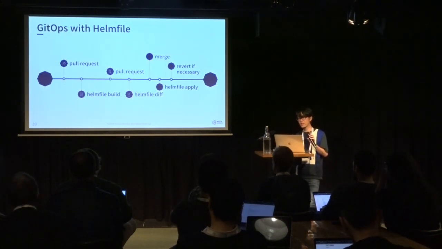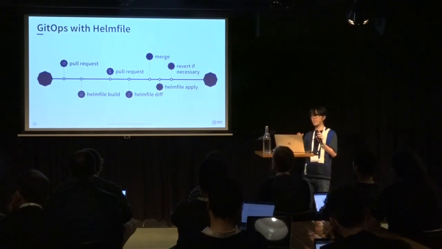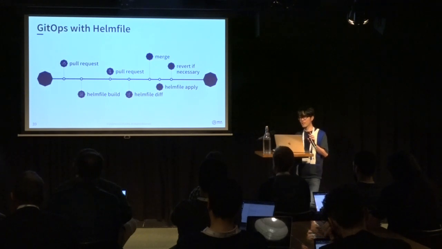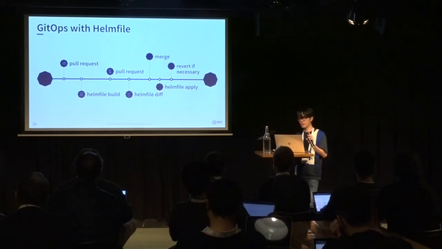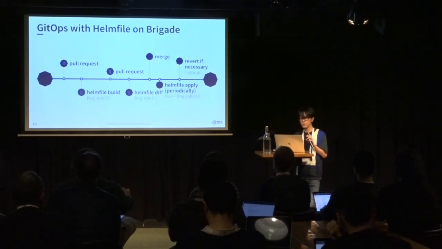You pull request the feature branch, and Helmfile diff on CI gives you the differences between the current state and the desired state. And reviewing that, you merge the pull request, and finally Helmfile apply deploys the desired state. That is reviewed, and finally you revert if necessary.